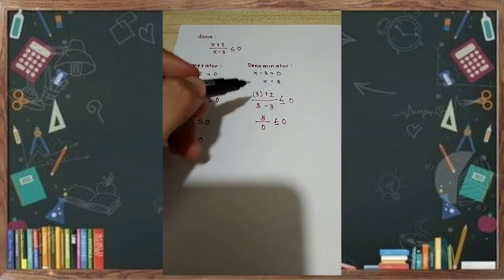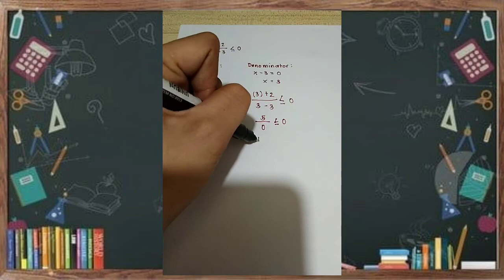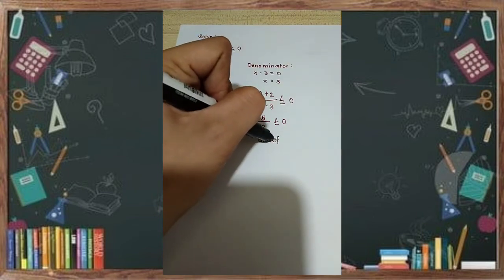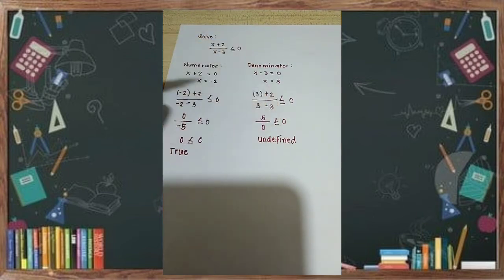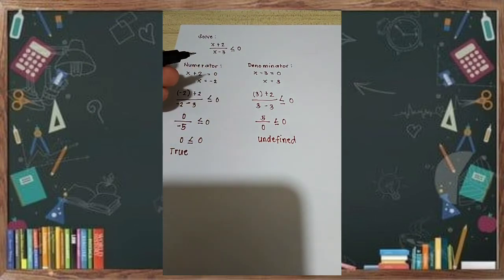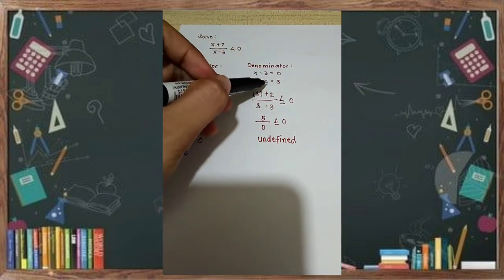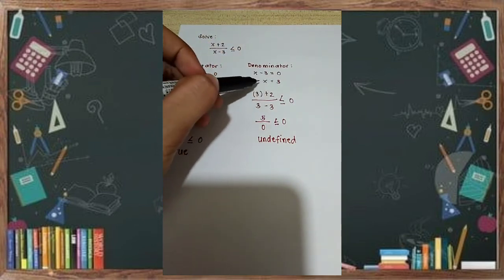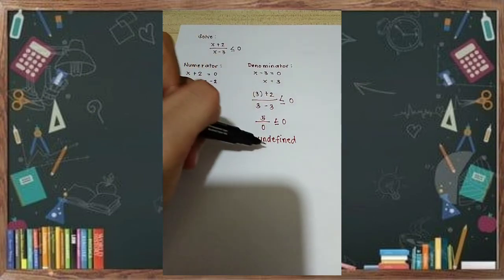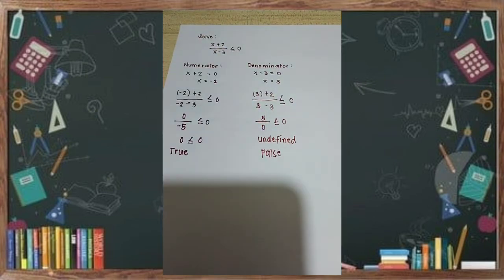Since we have a denominator which is equal to 0, it is undefined. Diba, lagi natin tatandaan na hindi pwedeng magkaroon ng denominator na equal to 0. So, thus, the value of x, which is 3, is not a solution of our inequality.